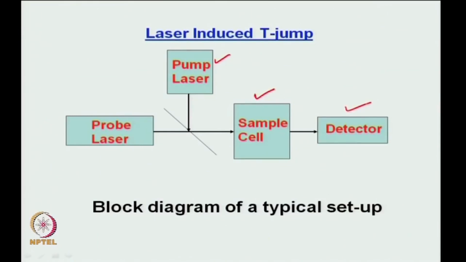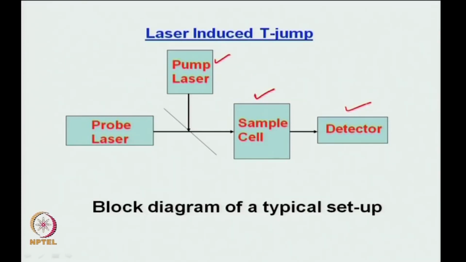But what is the probe laser doing? This is what the probe laser is doing. You are pumping at a different wavelength. It is called a pump laser because you are pumping energy into the system. Your system is absorbing the pump laser and undergoing an increase in temperature. But now you are probing.